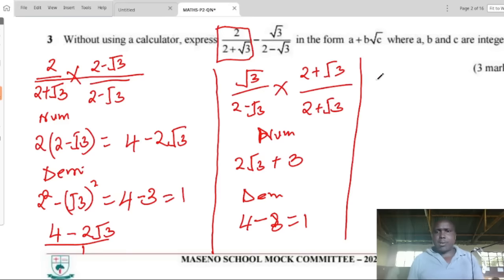Now we will have the first part is 4 minus 2 root 3, then subtract this one, 6 root 3 plus 3.